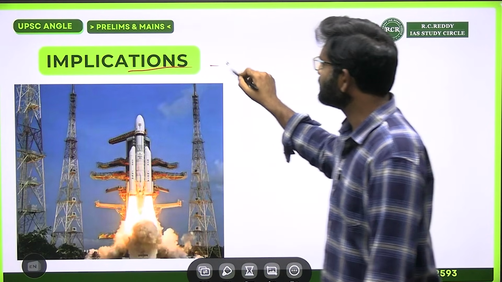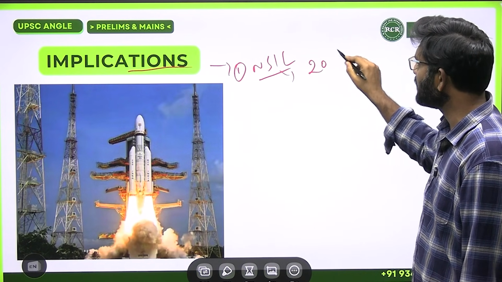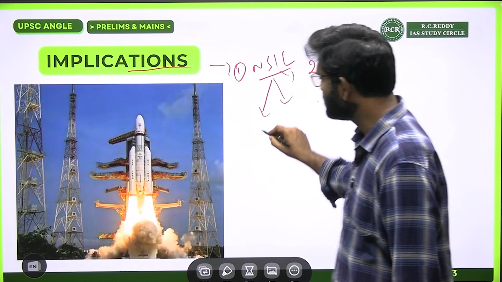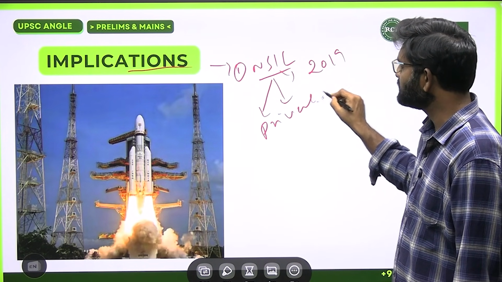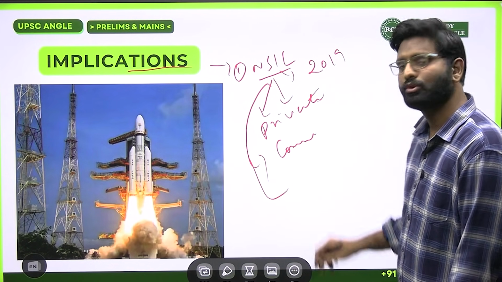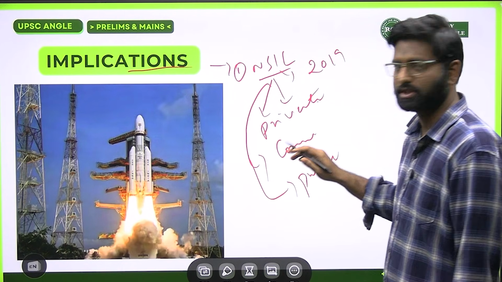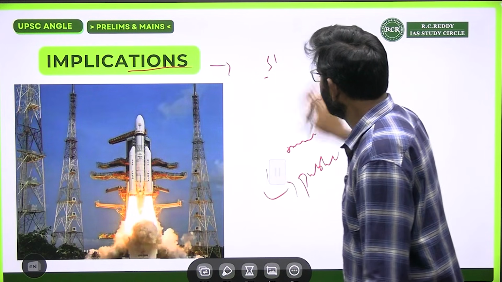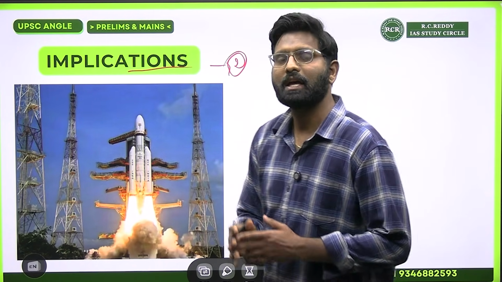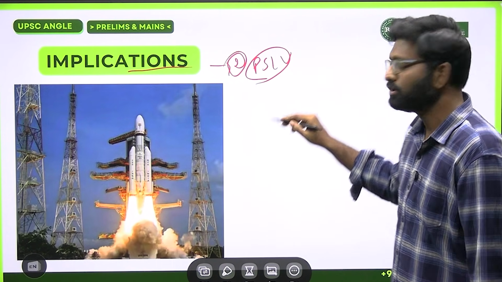Next, implications with respect to NSIL. NSIL, New Space India Limited, was set up in 2019 as the commercial arm of ISRO. It is meant for launching private sector satellites as well as foreign satellites, and using our space products commercially. Because of these 2 consecutive failures, the public image of NSIL stands to question. Next, with respect to PSLV itself, we are projecting PSLV as the workhorse of ISRO with minimal failures, but now there are consecutive failures.